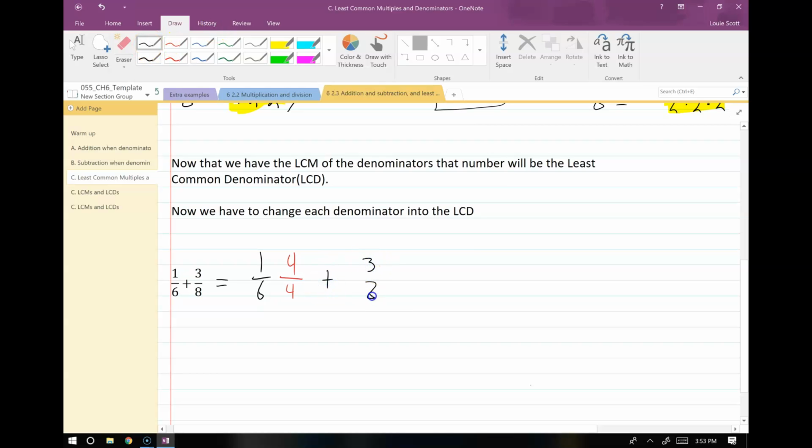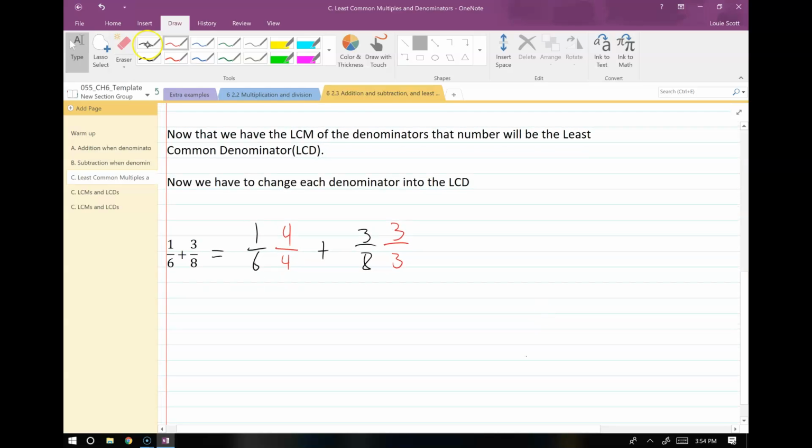Then the 3/8 gets multiplied top and bottom by 3. Then we have 4 over 24 plus 9 over 24. Now that we have matching denominators, we can just add these, and this gives us 13 over 24.